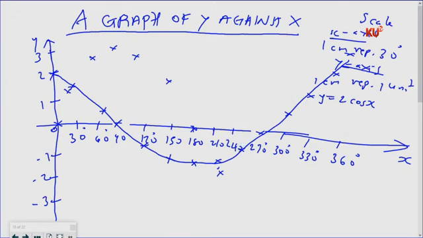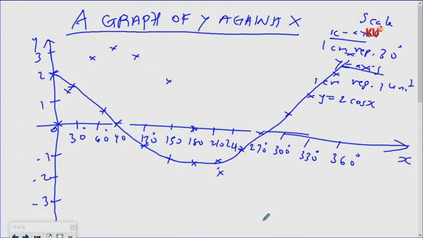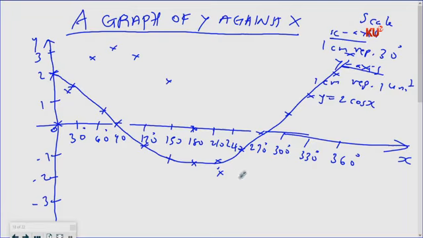When x is 240, y is equal to negative 2.6. Negative 2.6 should be, where is that 2.6? Just a minute. Negative 2.6 is here. Negative 2.6 should be down here.